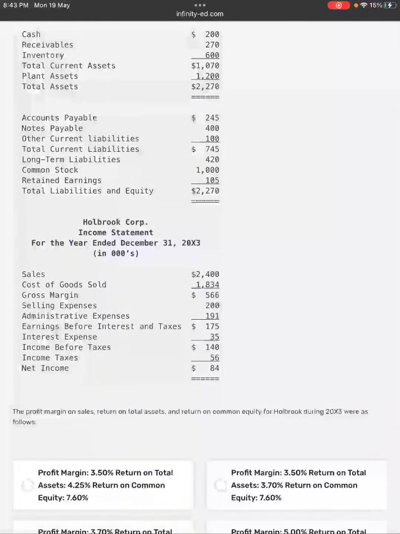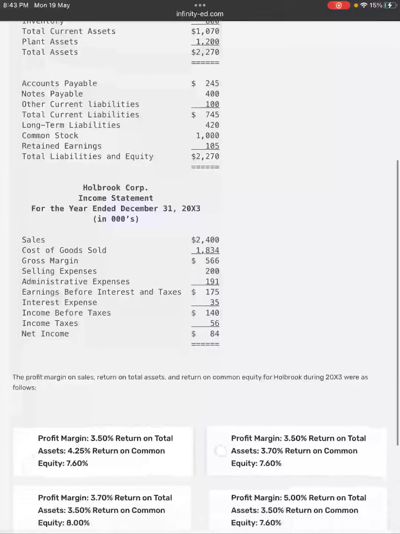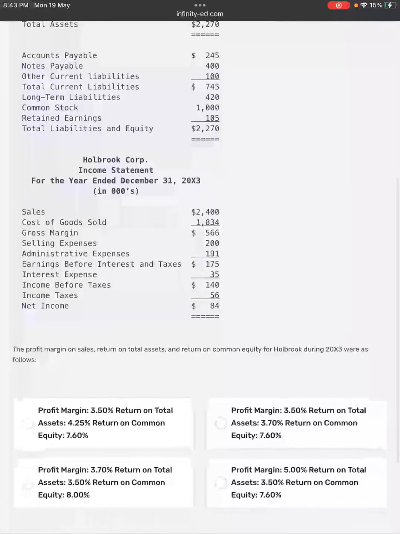Everything is given. And also given is the income statement: sales, cost of goods sold, gross margin, selling expenses, admin expenses, earnings before interest and taxes, interest expense, income before tax, income tax, and net income. What do we have to calculate in this case?